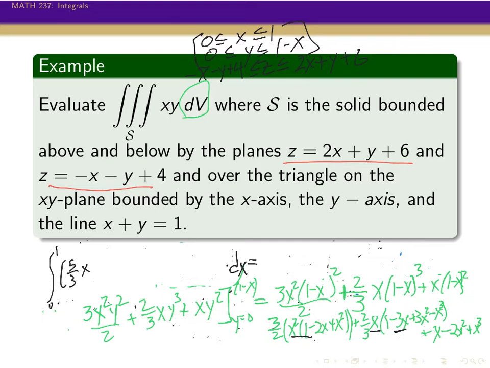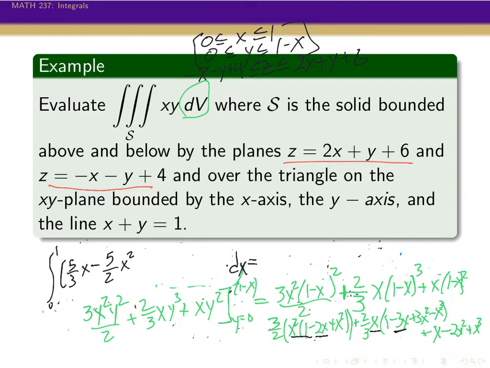And so that would be 3/2 x squared minus 4x squared, which would be minus 5/2 x squared.